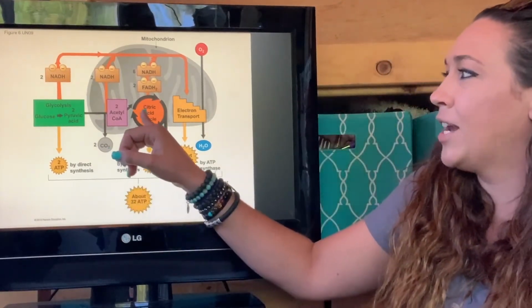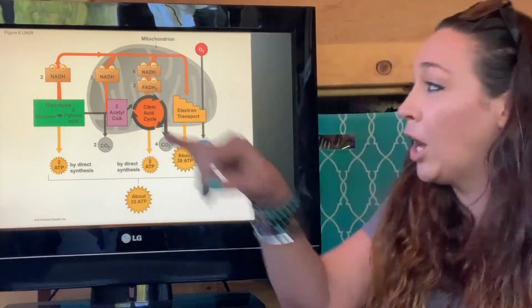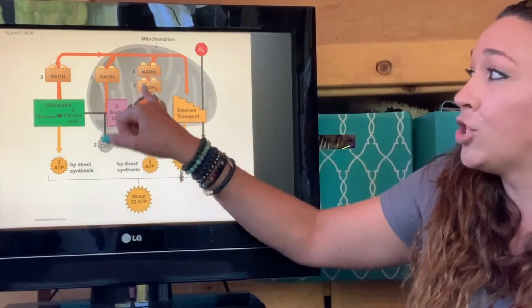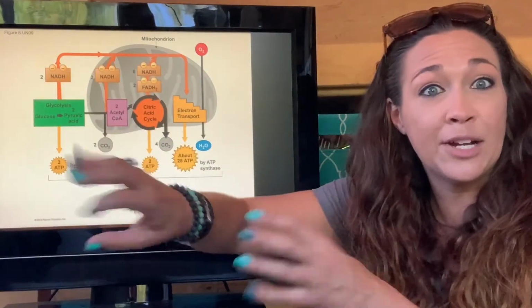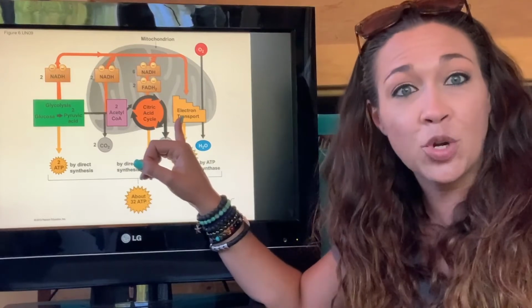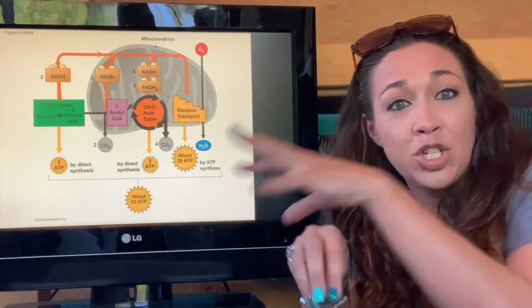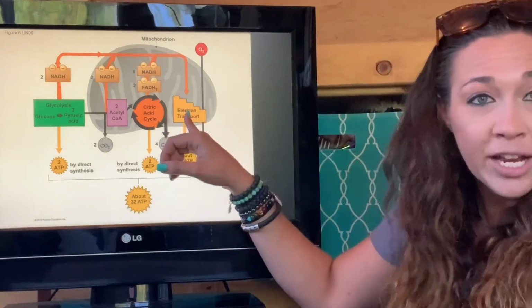Still in the mitochondria, now we are going to the inner mitochondrial membrane to the electron transport chain, where all of these high energy carriers that we've been storing the electrons with carry them all to the electron transport chain. The electron transport chain turns on this pump, then this pump, then this pump. It's a working chain where those electrons all get forced across the membrane.